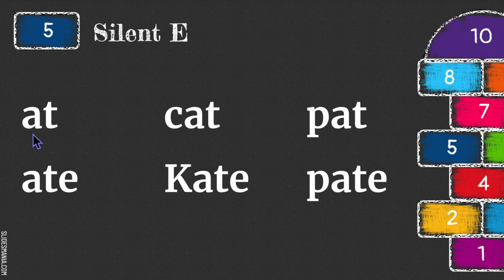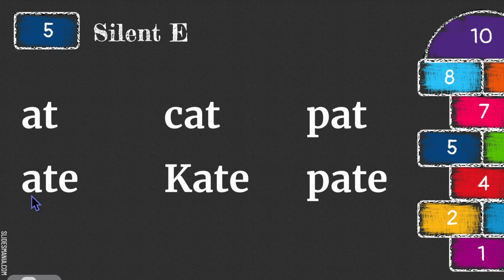So right here, we just have the short A sound of at. But this right here is a silent E, and it makes the short sound turn into a long sound. So instead of the short A, we have the long A sound. And if you don't know your long vowel sounds, please go back to the beginning of level 2 to learn those.